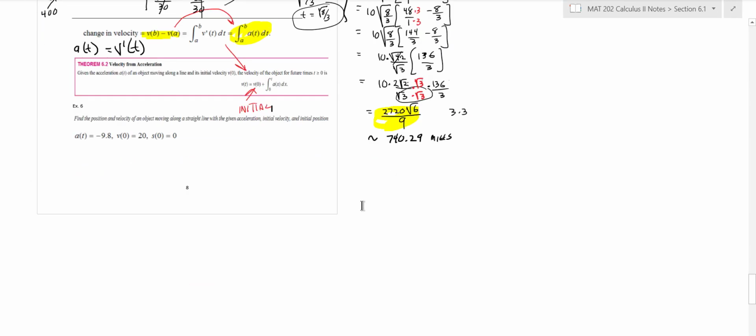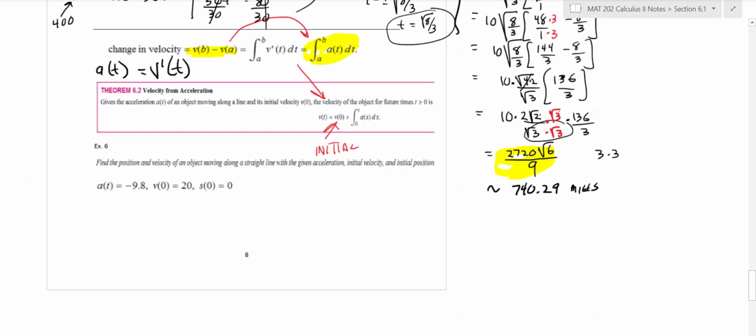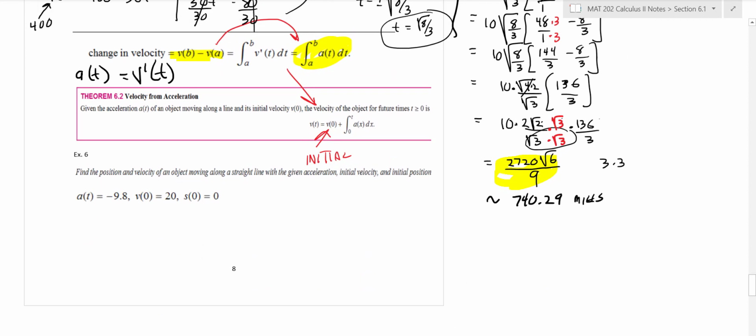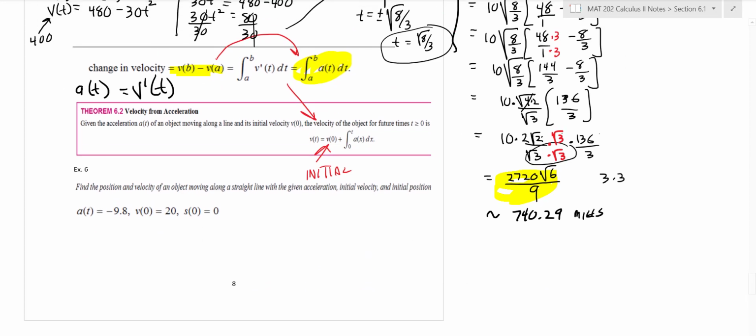Okay, so it's the same idea exactly. I'm not going to spend much time on that because it's a similar idea. Okay, so on this one, what we're going to do is find the position and velocity of an object moving along a straight line with this given acceleration. Those of you who know about physics, that's negative 9.8 meters per second squared.